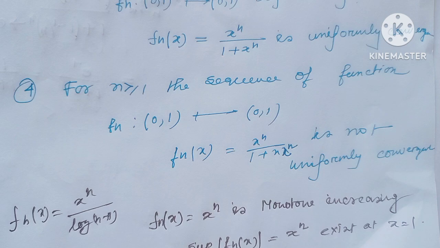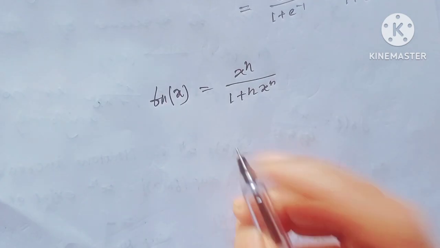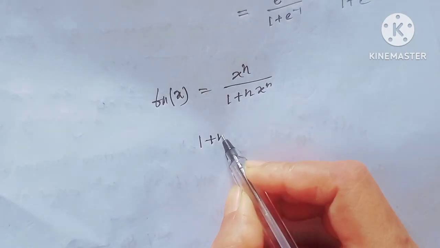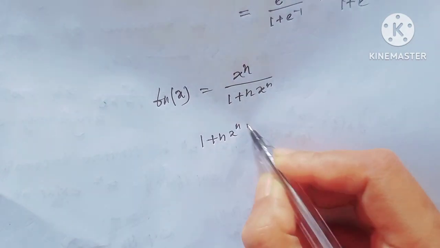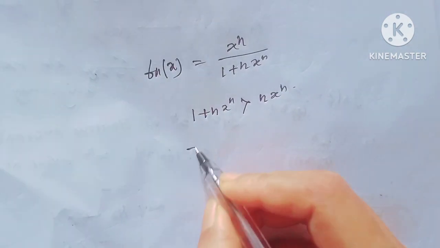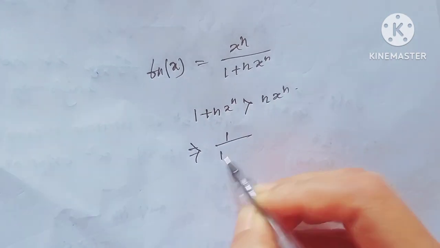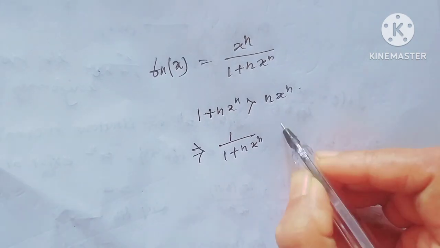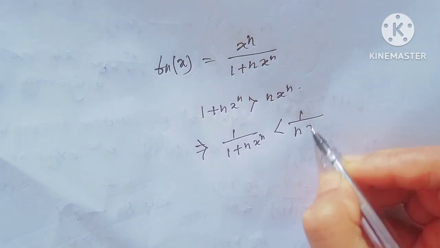Now for x greater than or equal to 1, f_n(x) = x^n over (1 + n x^n). Here 1 + n x^n is greater than n x^n. Therefore, 1 over (1 + x^n) is less than 1 over x^n.